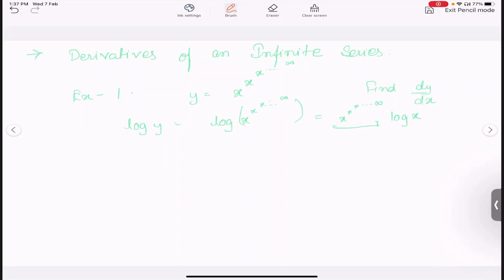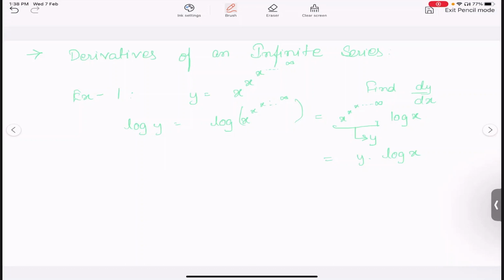It won't be a finite number, no, it is infinite. So we can write it again as y. This term will again become y times log of x, because if you reduce one term from an infinite series, it won't make any difference, it will again be an infinite series. So we have replaced the thing with y.